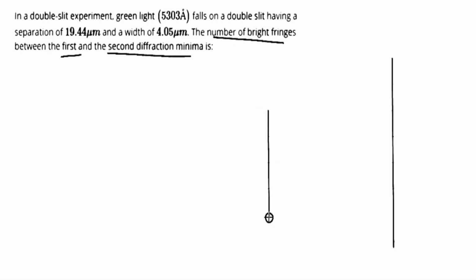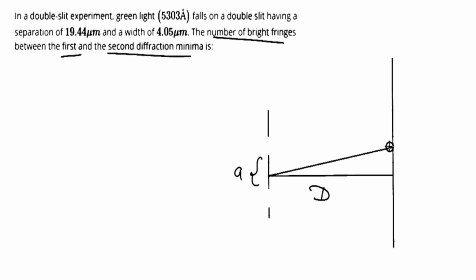These slits are here and here, and the distance between them is, let's say, capital D, and this distance is a. The first minima will be, let's say, somewhere here.